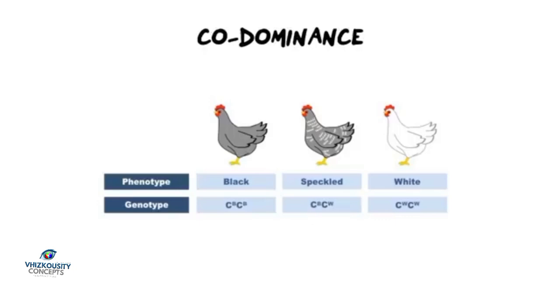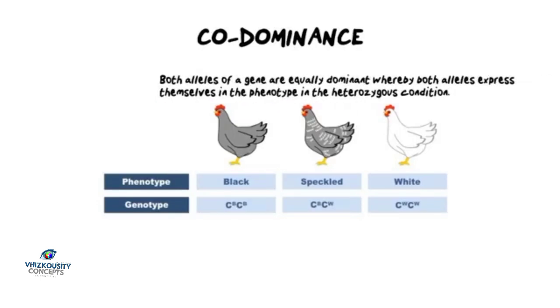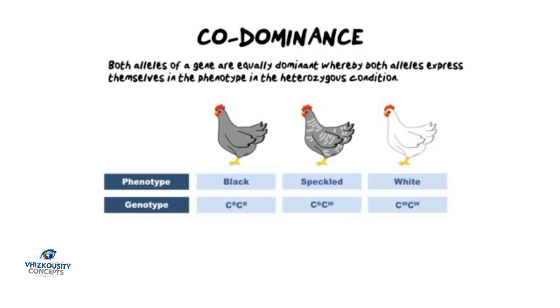The final type of dominance is what we call co-dominance. And when we look at the definition for this, it is similar to our incomplete dominance, but I want you to note some important differences. In codominance, both alleles of a gene are equally dominant, whereby both alleles are expressed in the phenotype in a heterozygous condition.